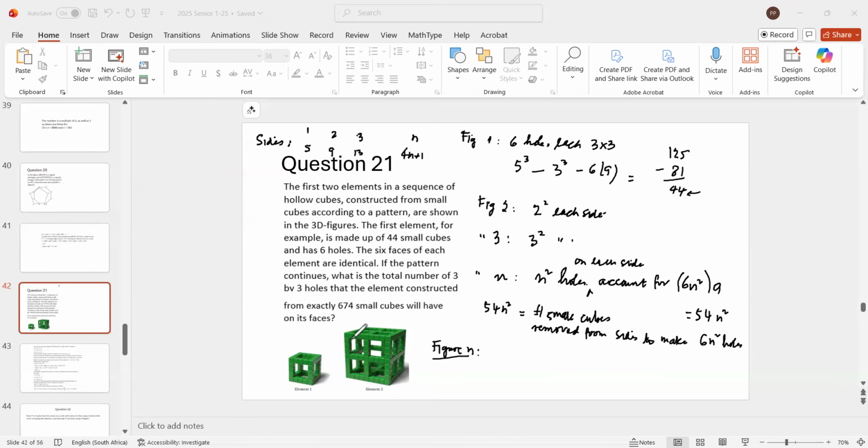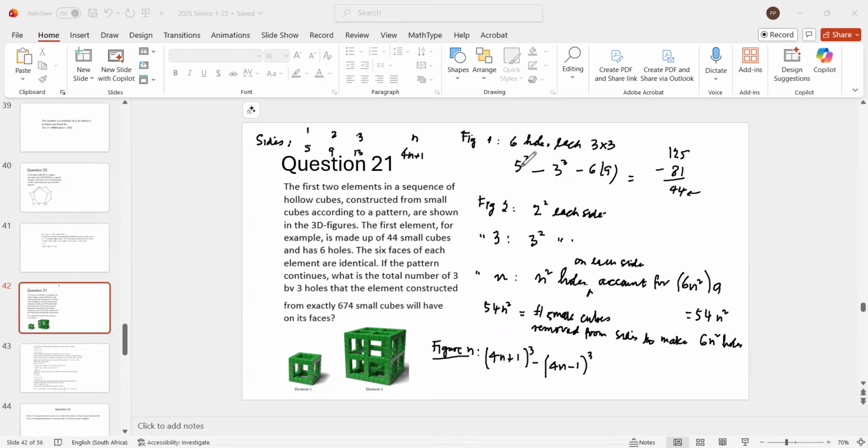So that's the number of cubes on the side. So the solid cube will have 4n plus 1 cubes, solid. Now you remove the inside hole, and for the inside you have to just reduce that by 2, right, to create the hollow. So you reduce this by 2, it will be 4n minus 1 all cubed. This is very similar to 5 cubed minus 3 cubed.